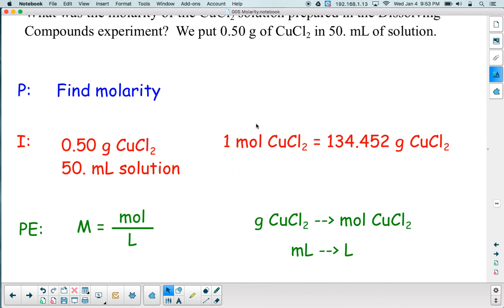So I need the molar mass of copper(II) chloride, which I can get from my periodic table, and I need to know that there are 1,000 milliliters in a liter. So my plan is to turn the grams into moles, turn the milliliters into liters, and then take the moles and divide by the number of liters.